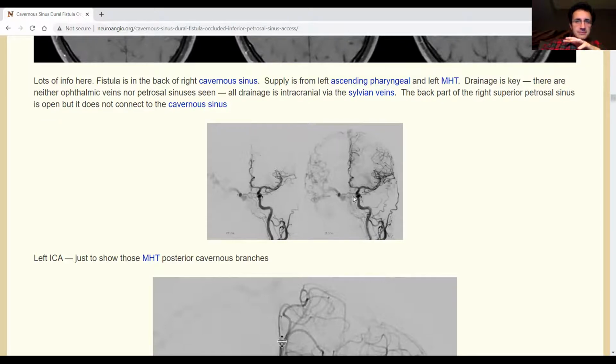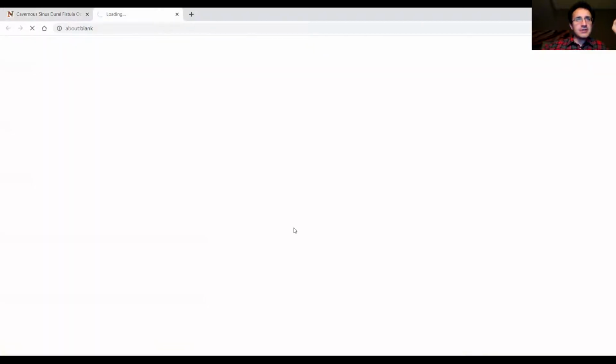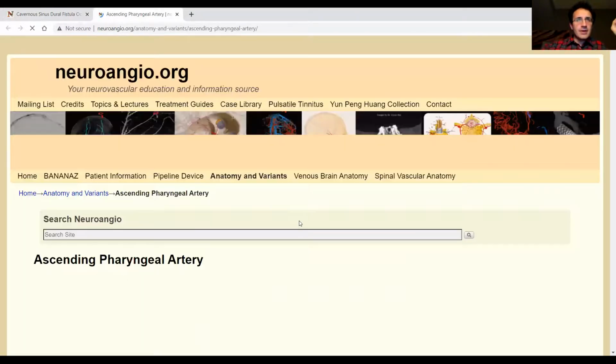We're not going to hold this as a puzzle, we'll just give you the answers. The supply here is going to come from the contralateral ascending pharyngeal artery and from the contralateral meningohypophyseal trunk. As you can see, there's a whole bunch of vessels converging on the cavernous sinus on the right, which of course takes us to the ascending pharyngeal artery page.